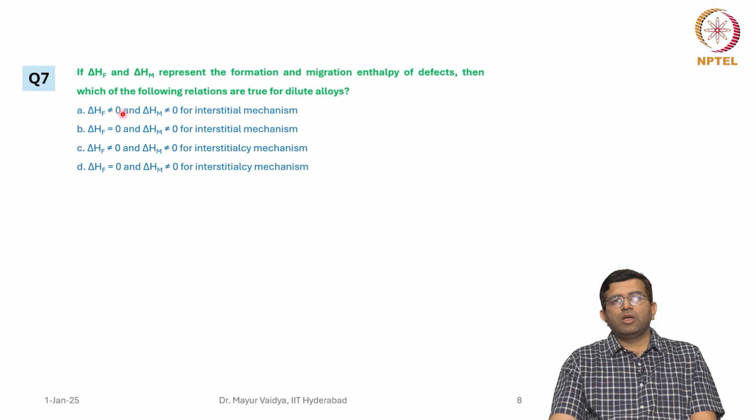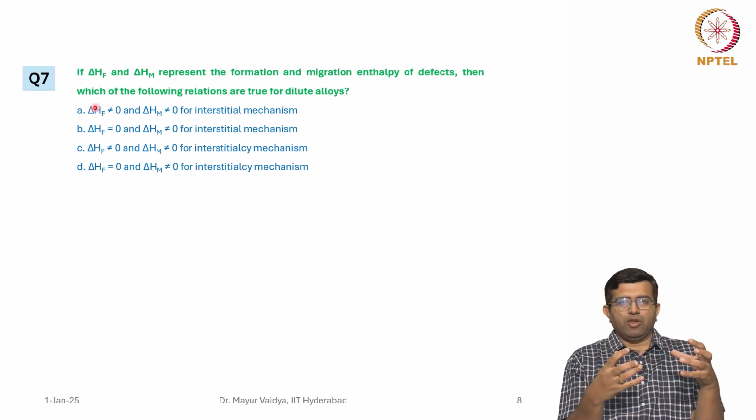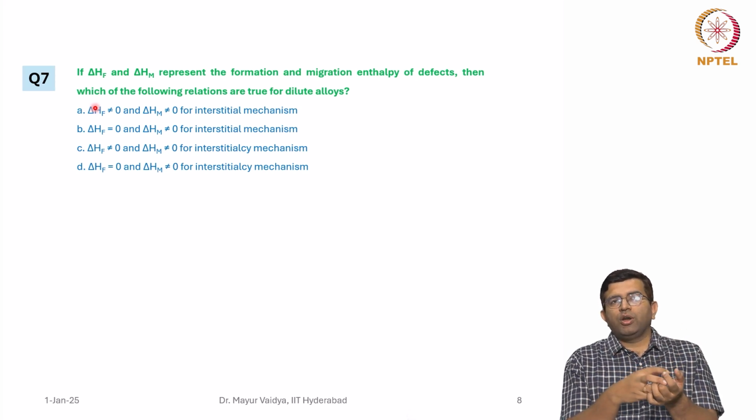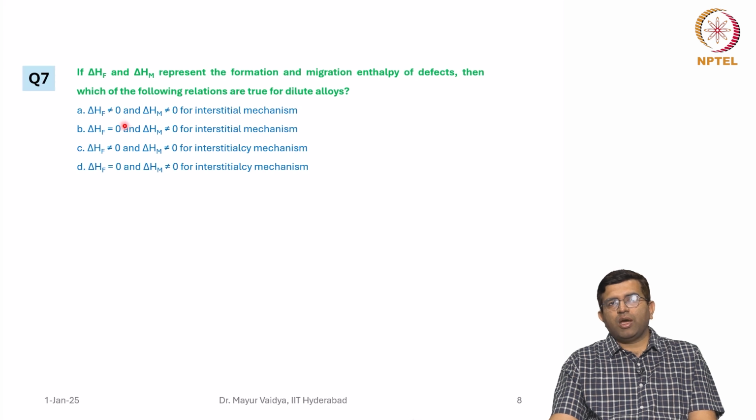This is false because interstitial sites are actually present everywhere. So, you do not need any formation energy to create the interstitial sites. Therefore, for interstitial mechanism you have delta HF as 0 and there is a certain migration enthalpy that is associated. So, out of A and B, the correct option is B.